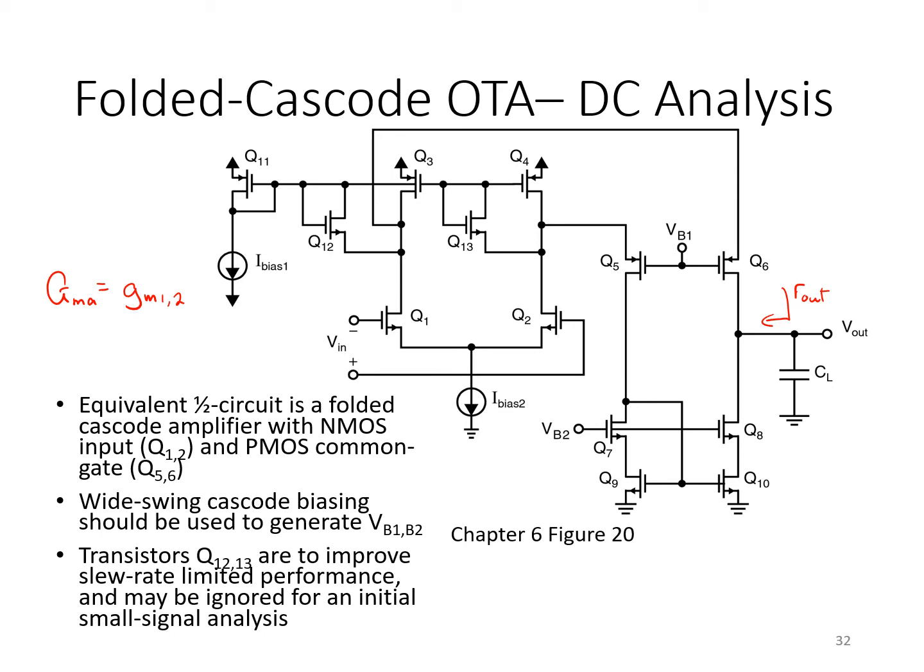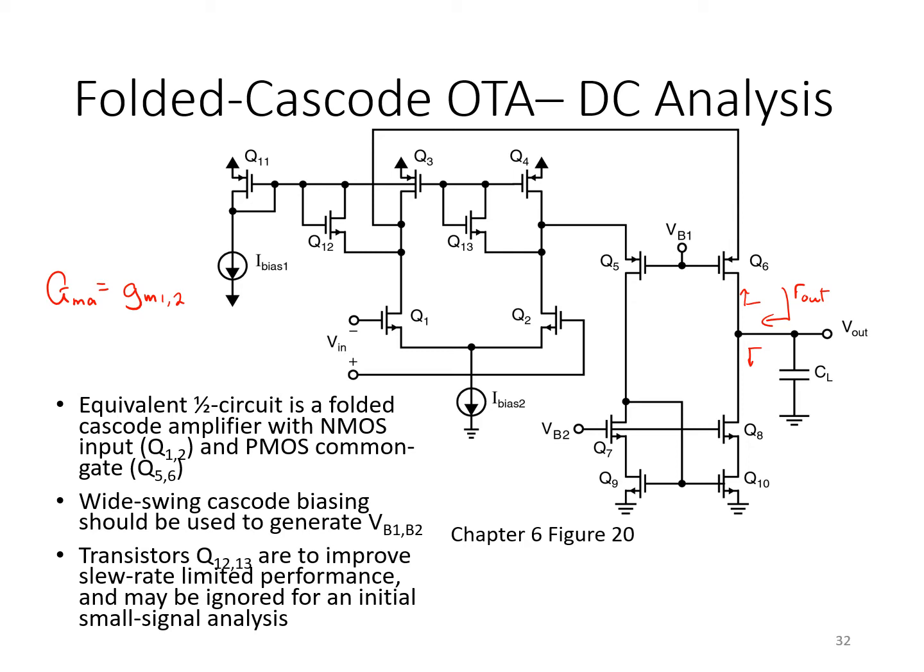A small signal analysis would reveal that it's a parallel combination of the resistance looking up into the drain of Q6, which is a cascode style output resistance, relatively large, proportional to GM times RDS squared. Likewise, looking down into the cascode combination of Q8 and Q10, again you see a large output resistance that's equal to a GM times an RDS squared with some multiplicative constants in there. So it's a prototypical OTA with transconductance driving a large small signal output resistance.